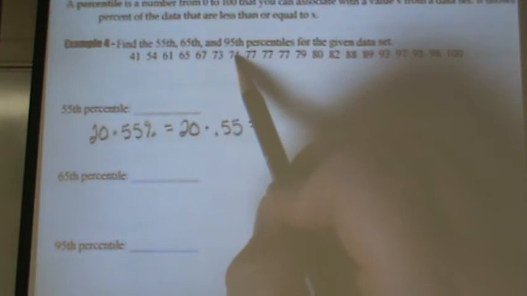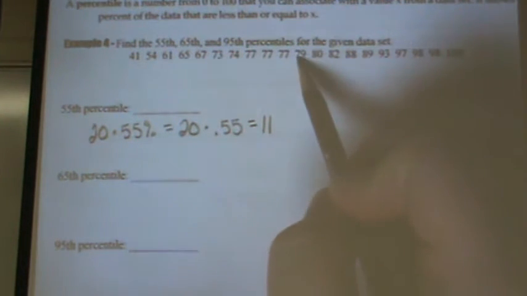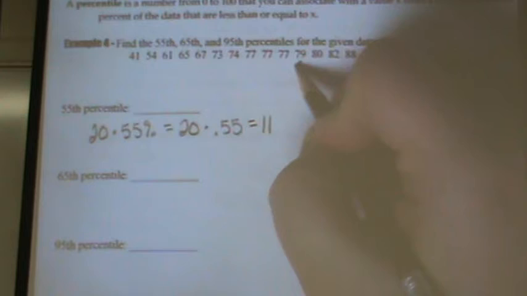So starting at our smallest value, we're going to count in 11 values. So 1, 2, 3, 4, 5, 6, 7, 8, 9, 10, 11. So 79 is 11 values in. So at that value is where 55% of your data is at or below that value. So 79 is your 55th percentile.